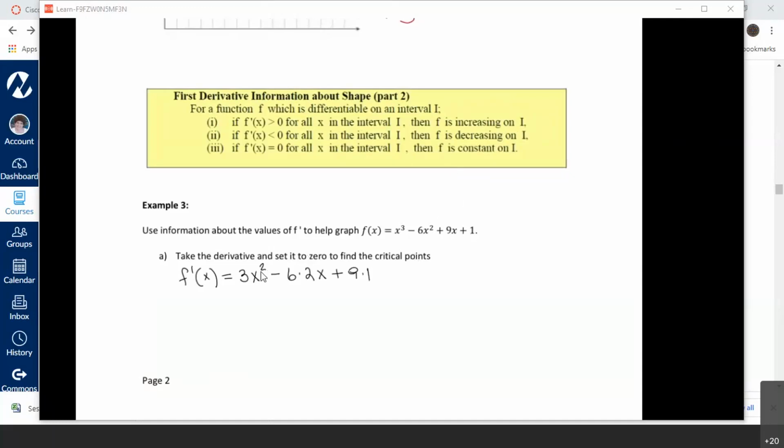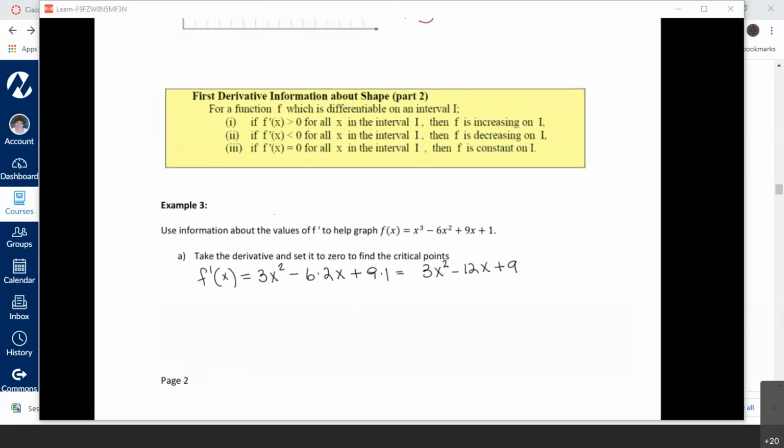And notice all of these terms dropped by a degree. The cubic term became a square term, the square term became a linear term, and the linear term became a constant. Remember, plus 1 doesn't give us anything, so I'm not going to write plus 0 here. Cleaning it up a bit gives me 3x squared minus 12x plus 9.